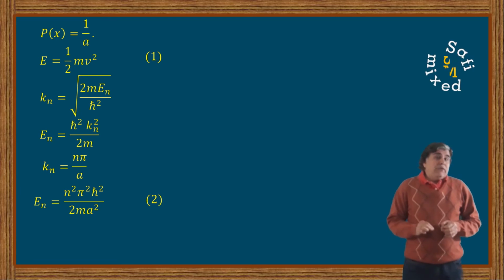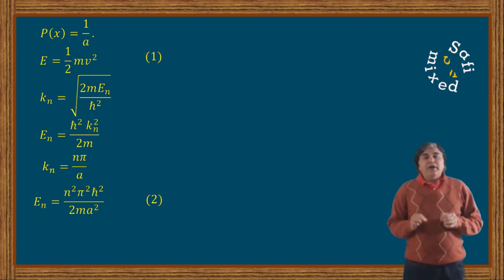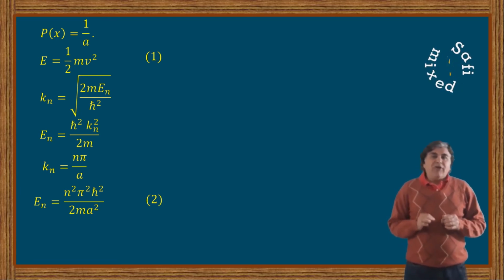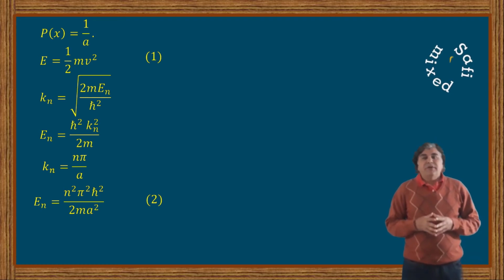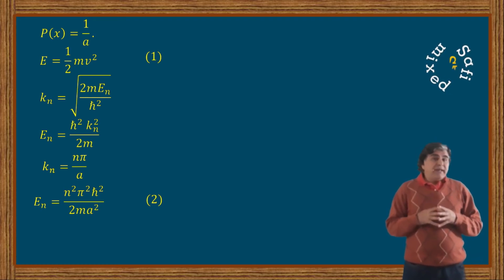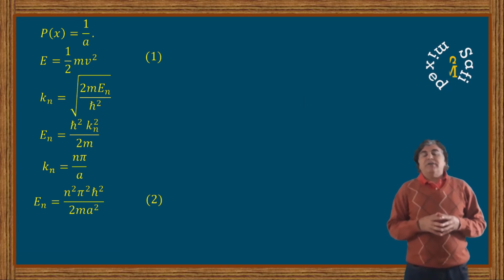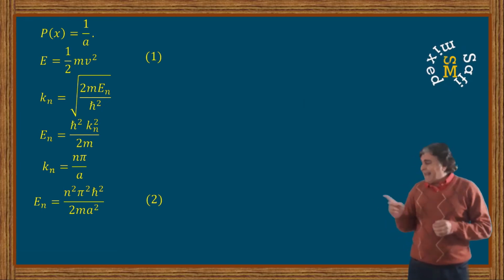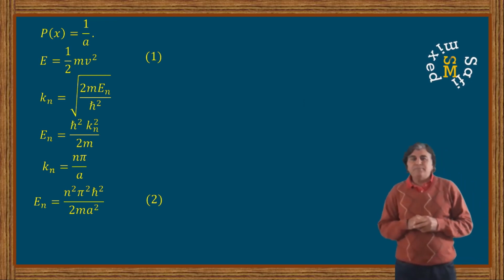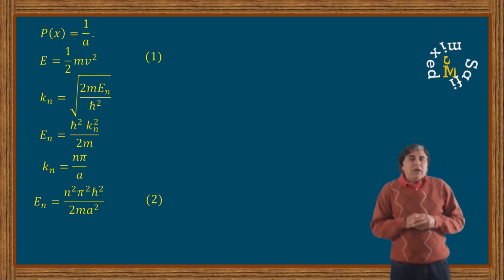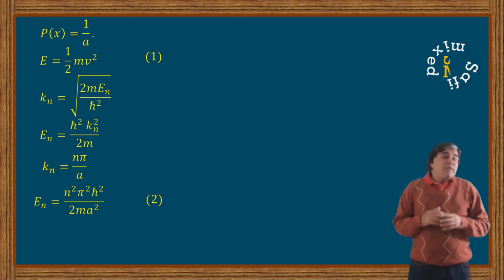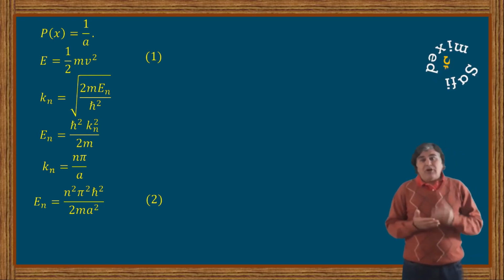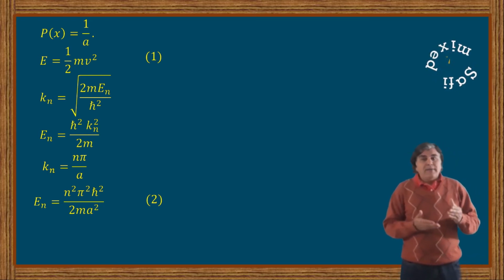Now, if we look at equation 1 and equation 2, they are completely different, because equation 2 says that the energy of the particle is quantized due to the presence of quantum number n in this equation. And the energy is never zero because n starts from 1.